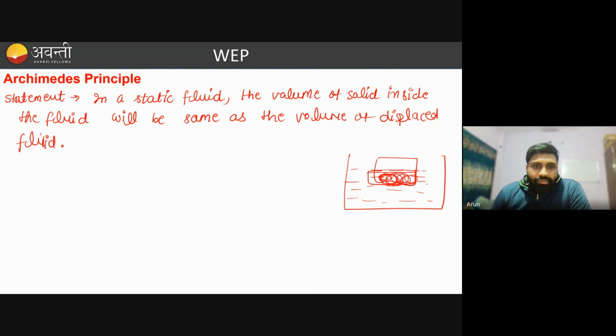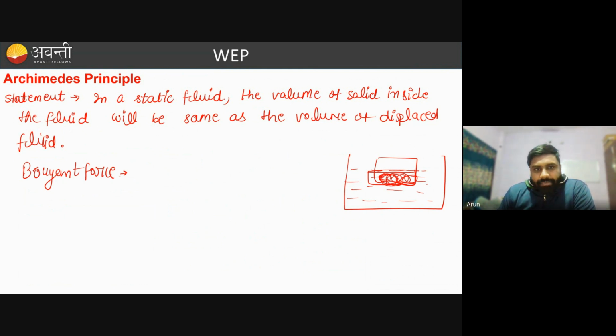Okay. So here we have a term which is buoyant force. So buoyant force is applied by the liquid on the solid which is inside it.